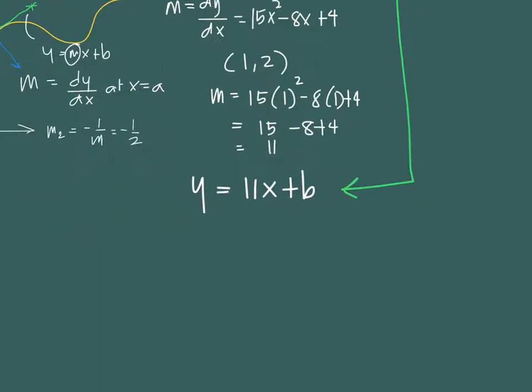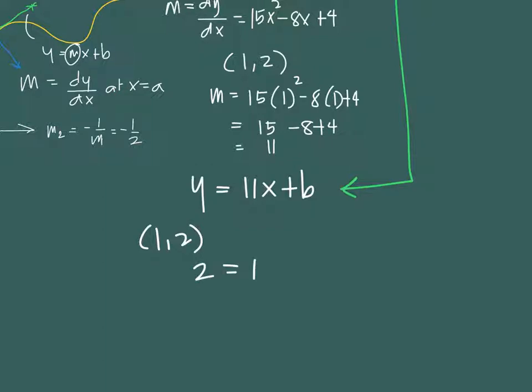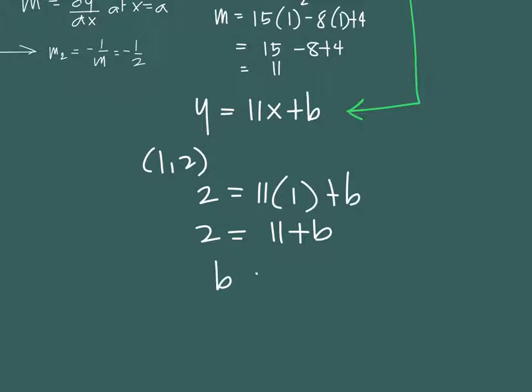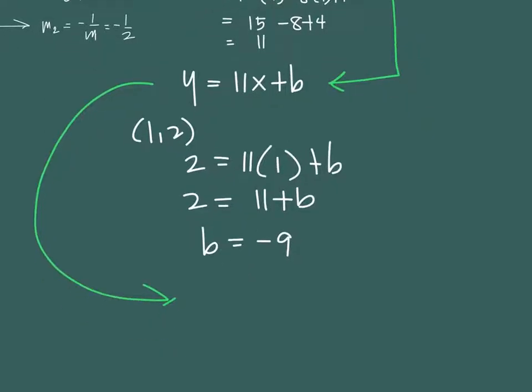So if we use the point 1, 2, then that means 2 is equal to 11 times 1 plus b, or 2 is equal to 11 plus b. And the b must be equal to negative 9. That's 2 minus 11. So now, it's slowly changing. We already found the b. So y is equal to 11x minus 9. This is the equation of the tangent line.